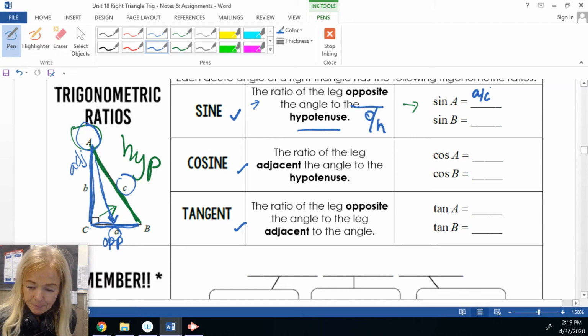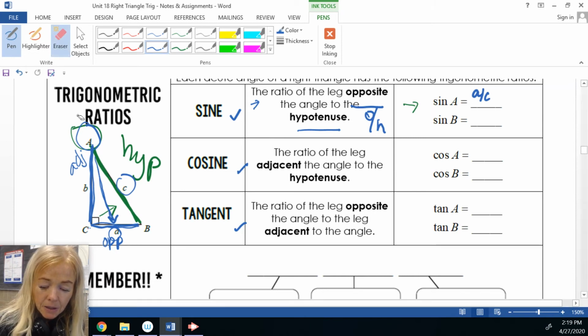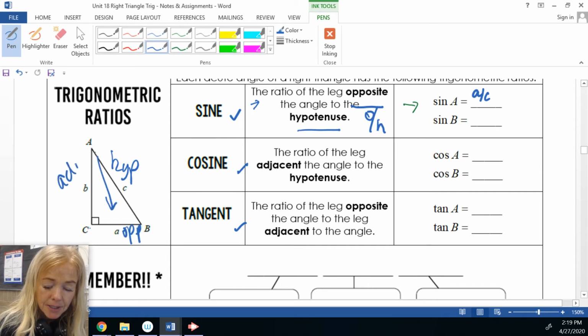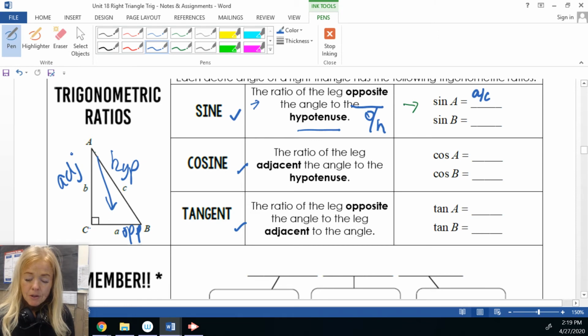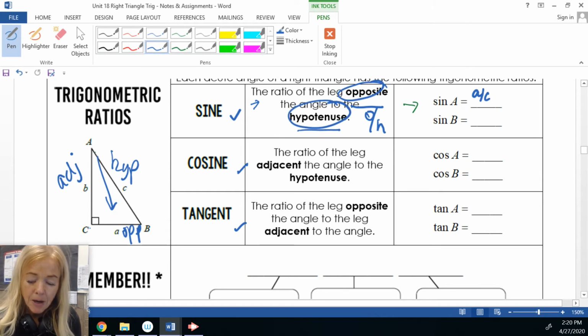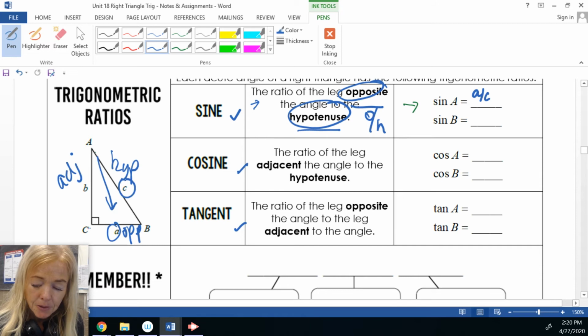So again, what we did is we named for A what those sides are. This is the hypotenuse, this is the opposite side from A, and this is the adjacent side from A. So the sine relates opposite over hypotenuse. Opposite is a, hypotenuse is c, so it's a over c.